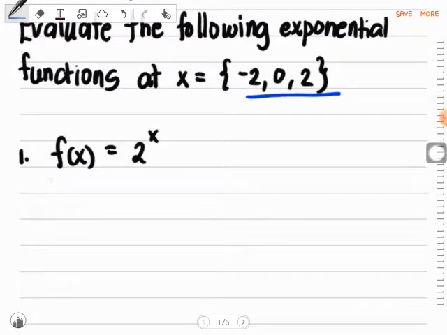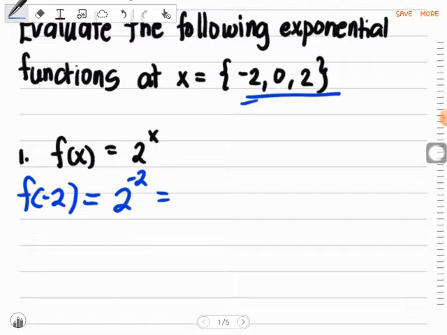So first, let's change the value of x into negative 2. That is our first value. So we have 2 raised to negative 2. And since the exponent is negative, we will apply the exponent rules: when the exponent is negative, we need to find a way to make it positive.